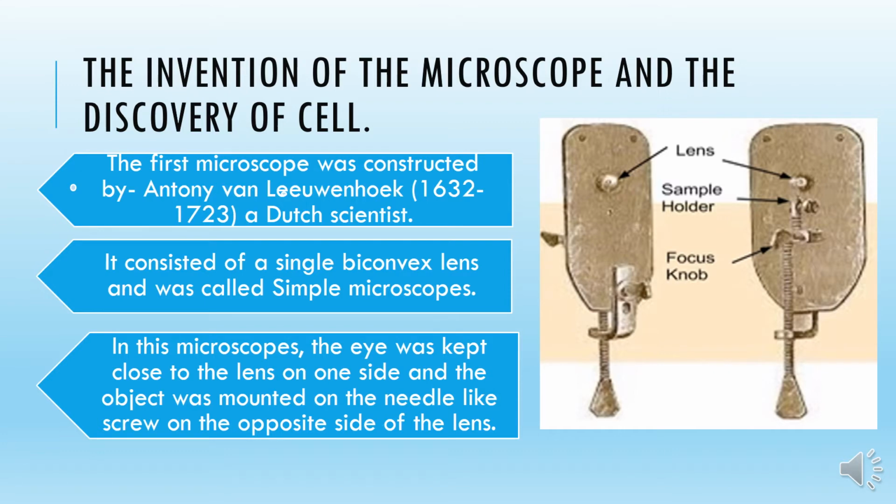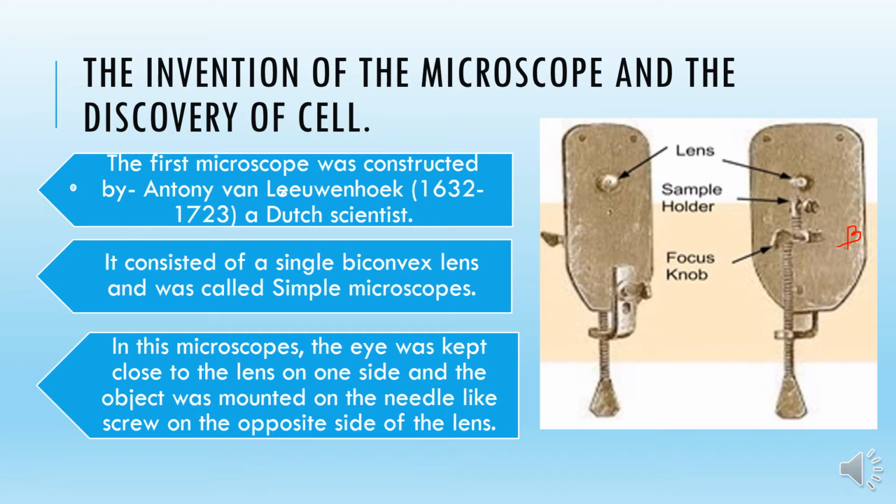And here is how to see an object through the microscope made by Antony van Leeuwenhoek. See, this is the front view. Here are the lenses. Here is the focus knob. Here is the sample holder. This is the front view and this is the back view, where B is the back view and the plain one is the front view.